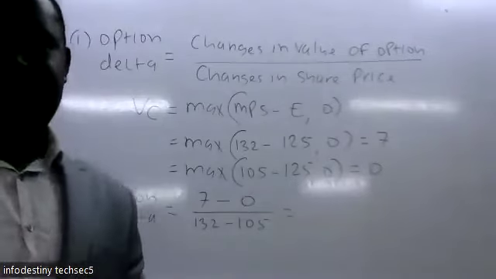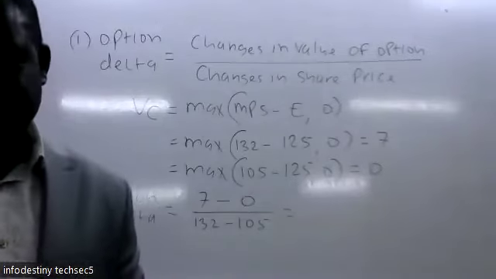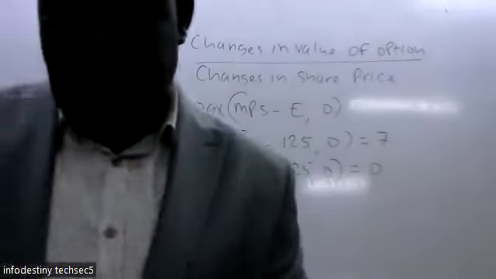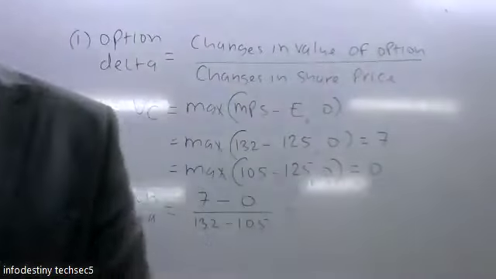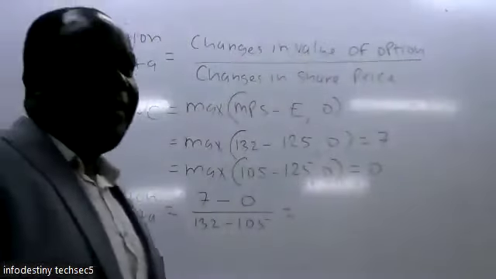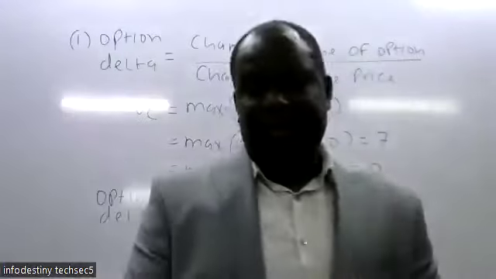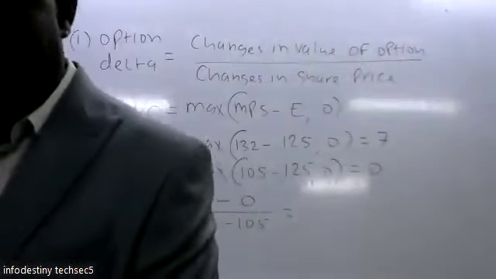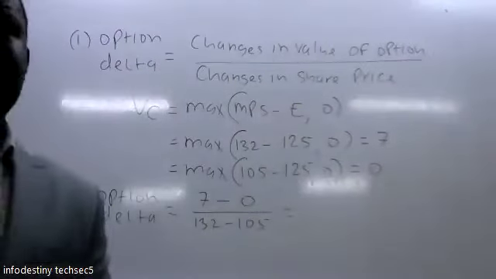So it should give us which value? Yeah, we should be able to come up with 0.2593. That should be our step number 1, where you compute the option delta.